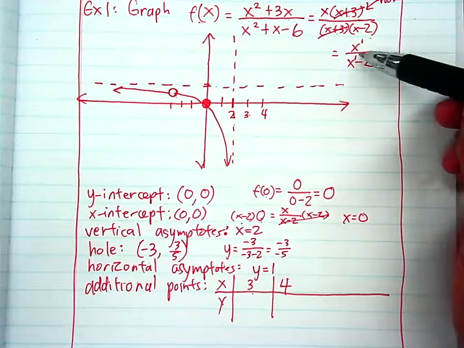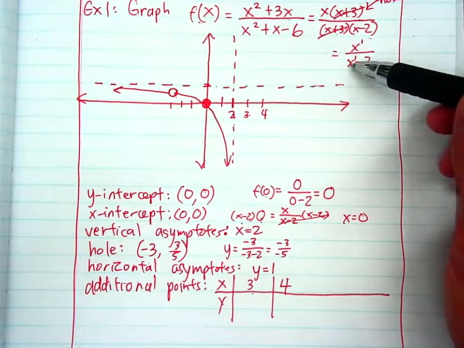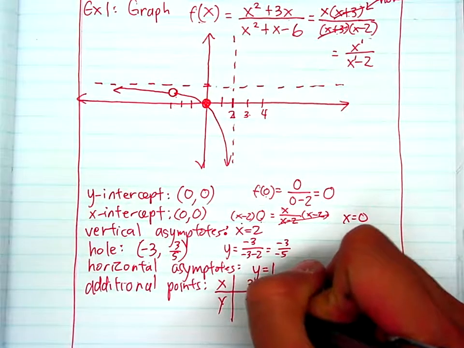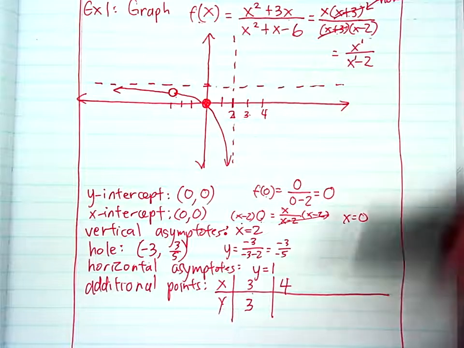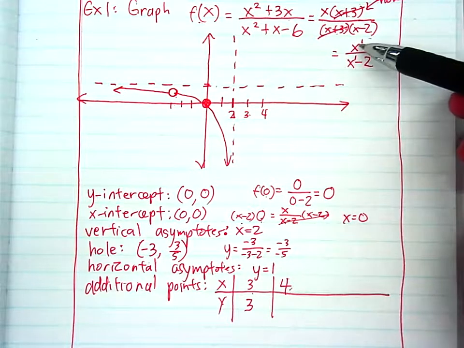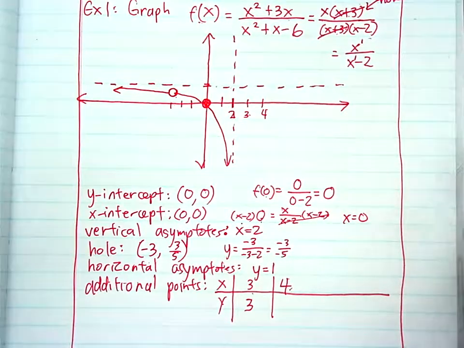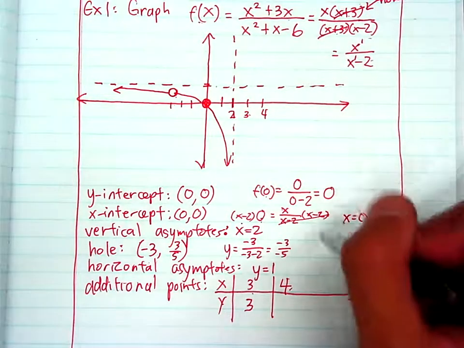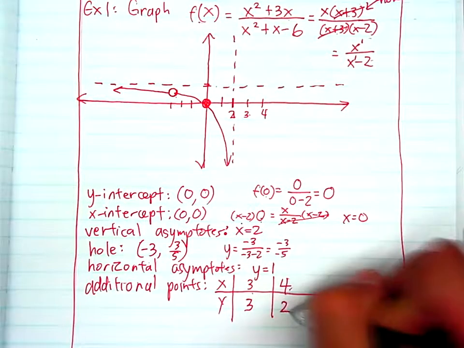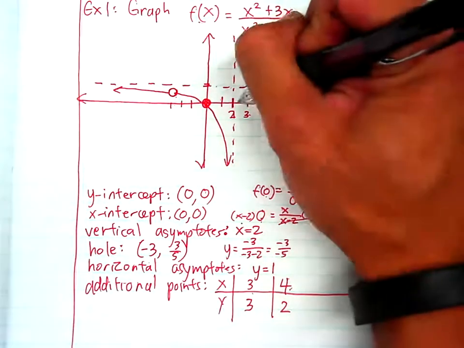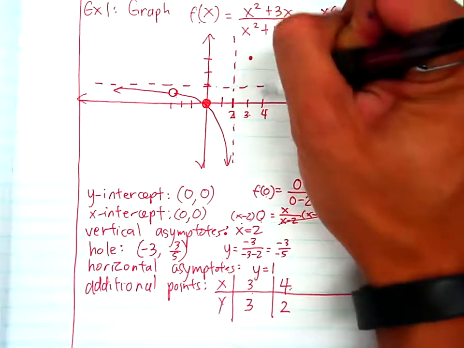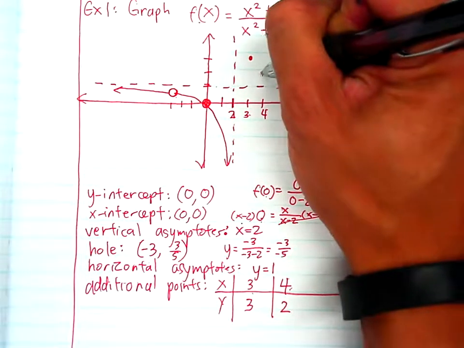So when x is 3, it'll be 3 over 3 minus 2, which is 3. When I plug in 4 into this equation, it'll be 4 over 4 minus 2, which is 4 over 2, which is 2. So here are my additional points: 3, 3, and then 4, 2.